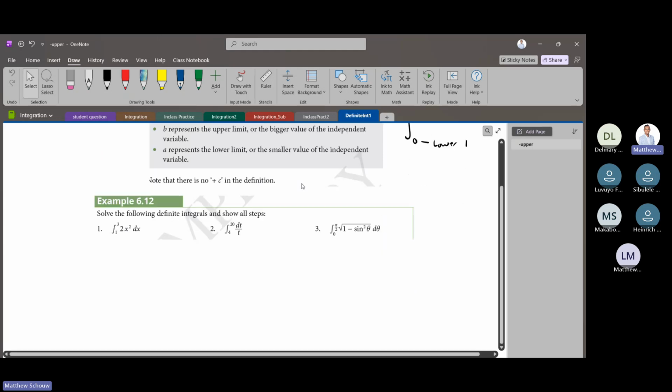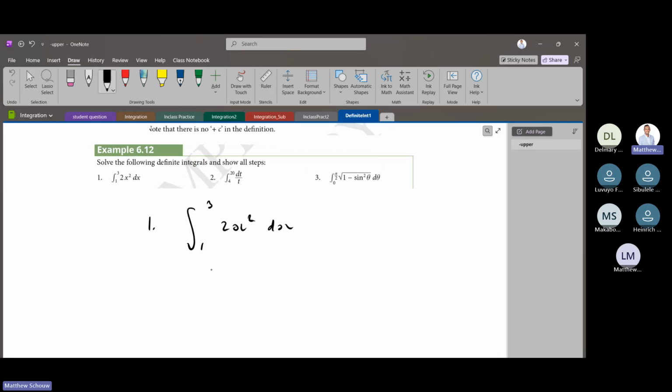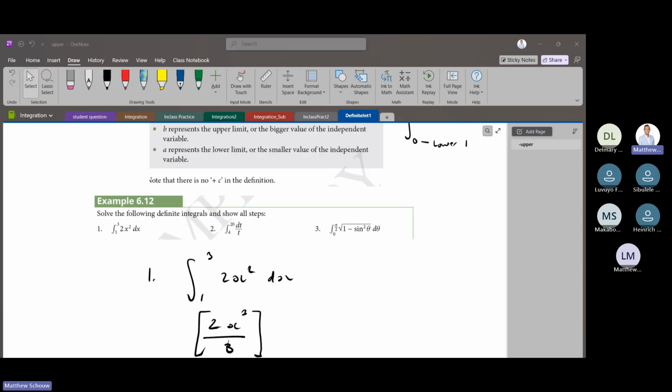All right, let me do the first one. So here we have the integral from 1 to 3 of 2x squared dx. As you recall, it's quite simple. Integrate this, add 1 to the power and then divide by the thing we just added. What you're going to do now, instead of having plus c, is close off with square brackets.